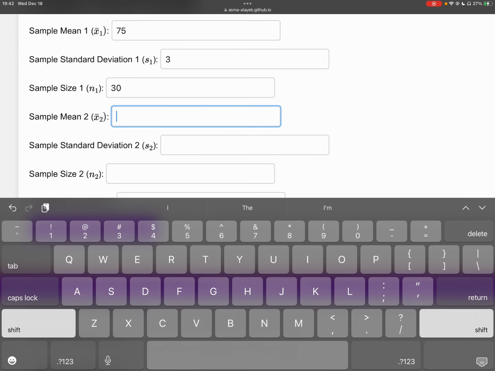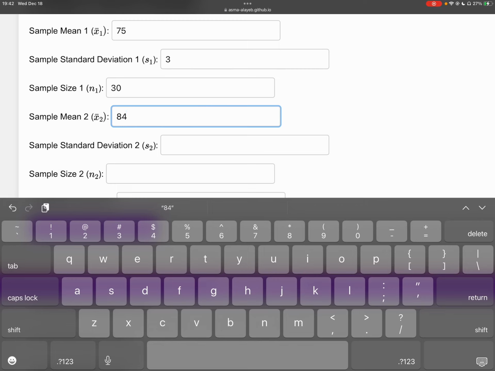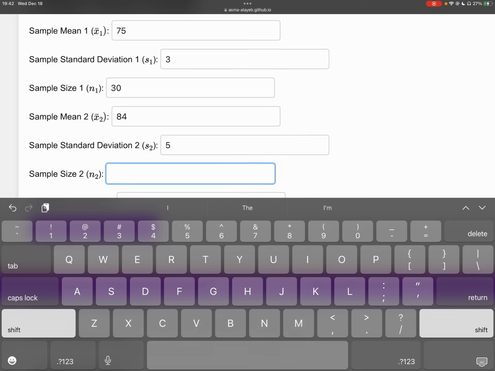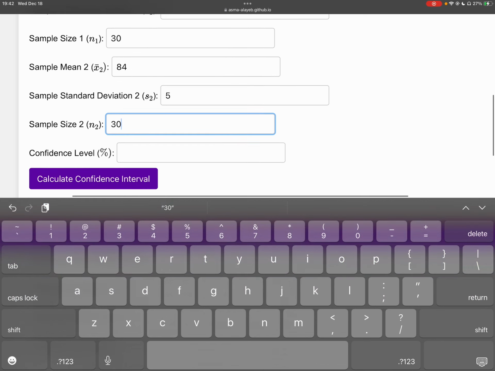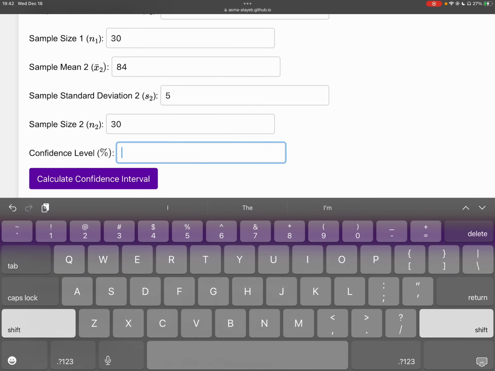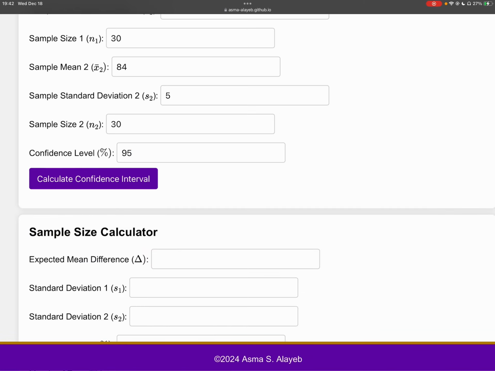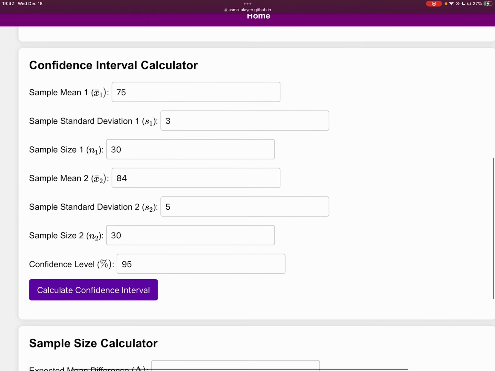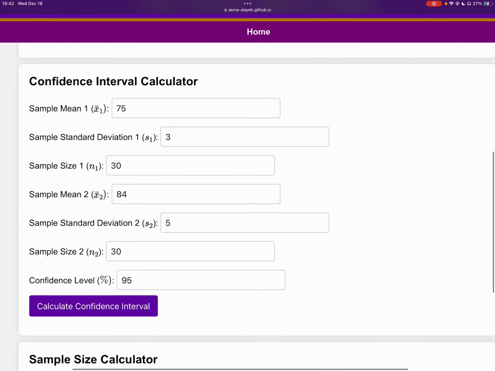The sample mean for the fifth graders was 84, with a standard deviation of 5 and a sample size of 30. And then the confidence level, we want to enter this as a percentage. We're doing a 95% confidence interval. So I'm going to calculate my confidence interval.